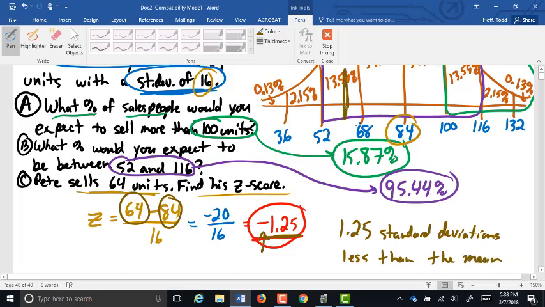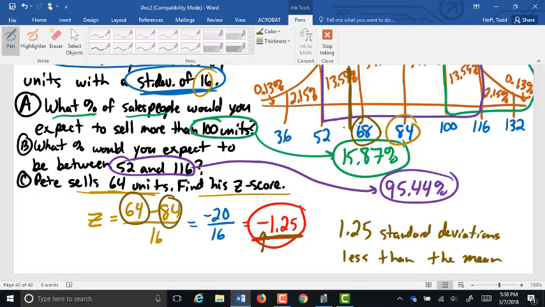So that means it would be somewhere in here if we're looking at the bell curve. One standard deviation is the 68, another quarter of a standard deviation, somewhere in here. We can't get an exact percentage for that off of that empirical rule, but we get an idea.